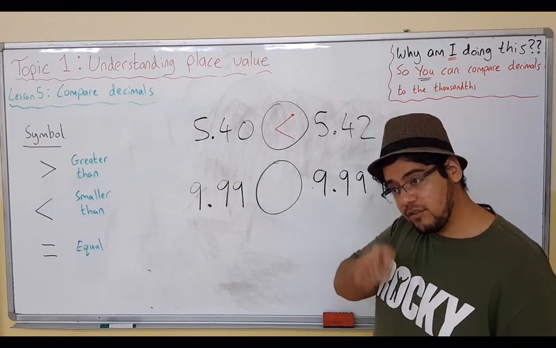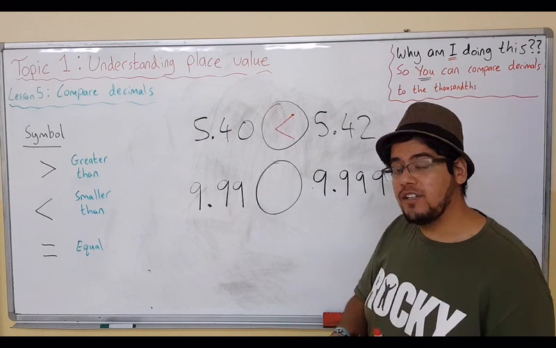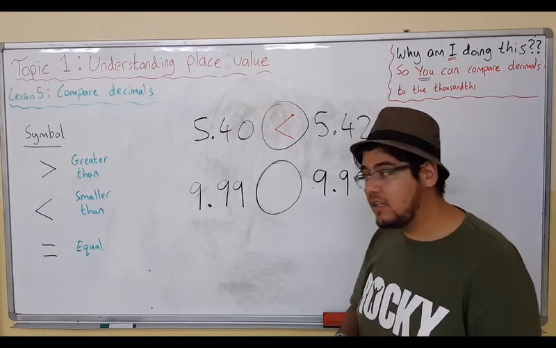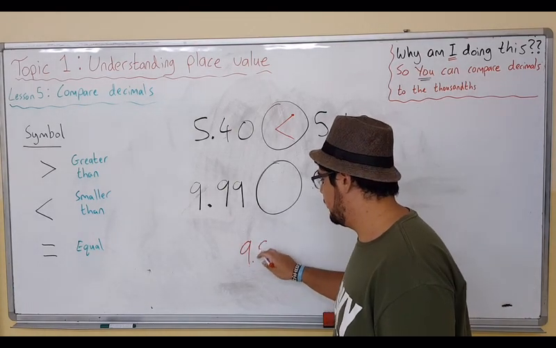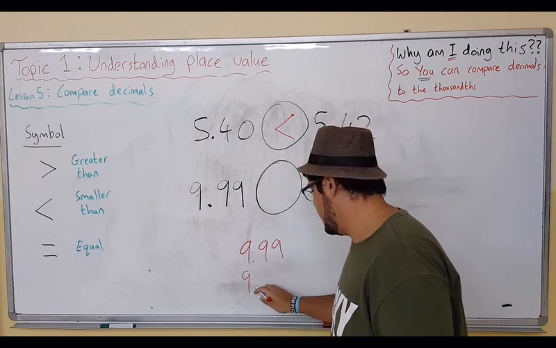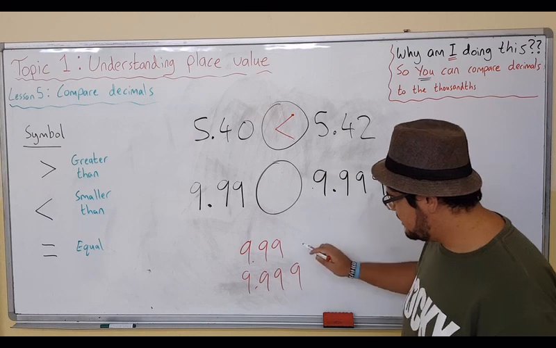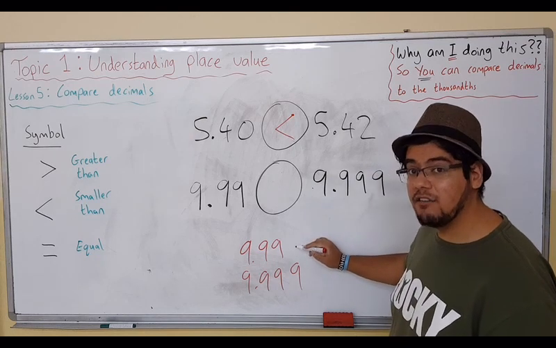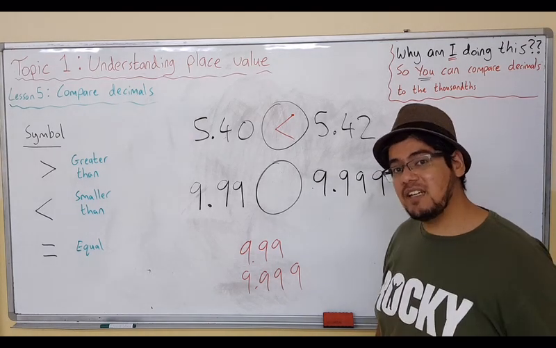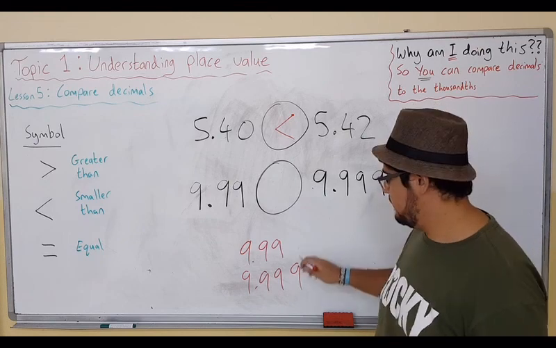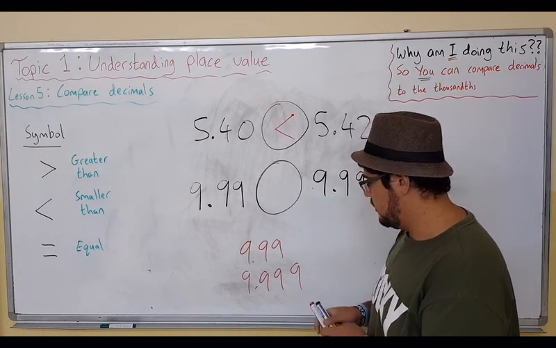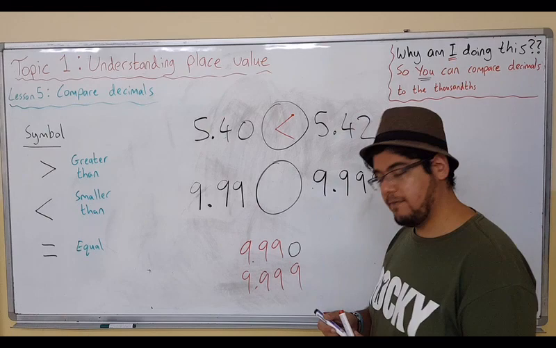Again, I want you to write them out according to place value, one under the other, okay? 9.99, right? Now you can see we kind of have an empty space here, right? In the empty space, guys, you can write a 0, okay? You can write a 0 right there.